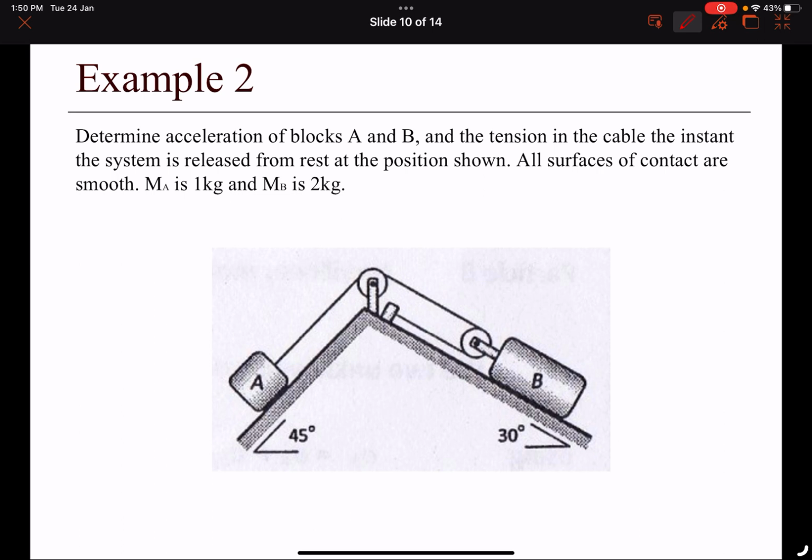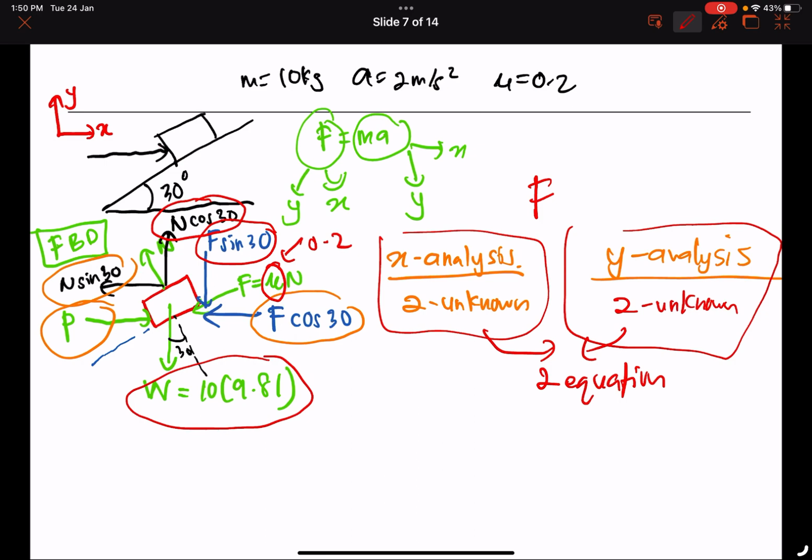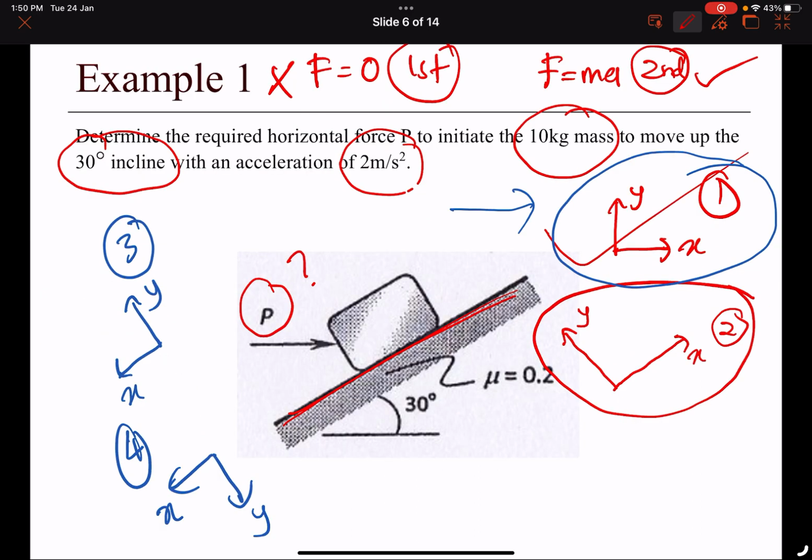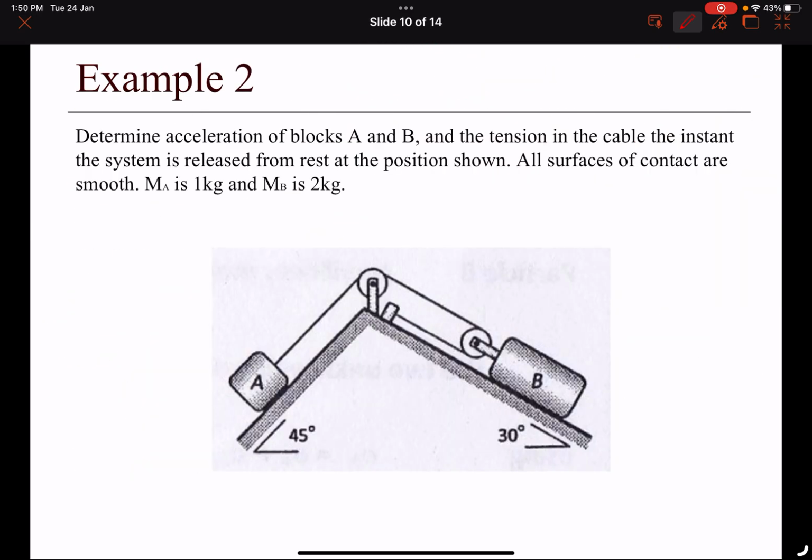Okay, so example 2. The previous example showed only one single rigid body, but this example shows you two different rigid bodies.